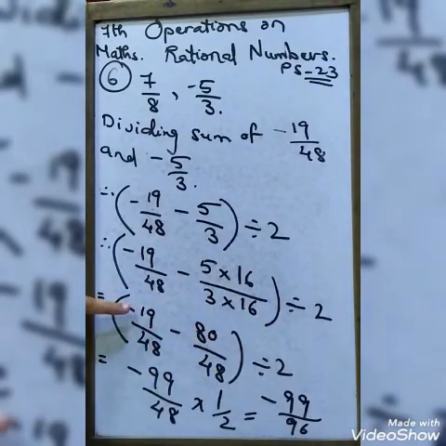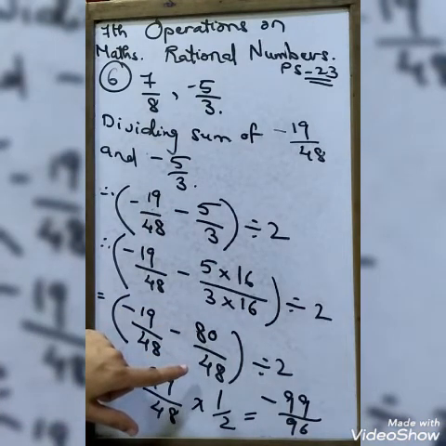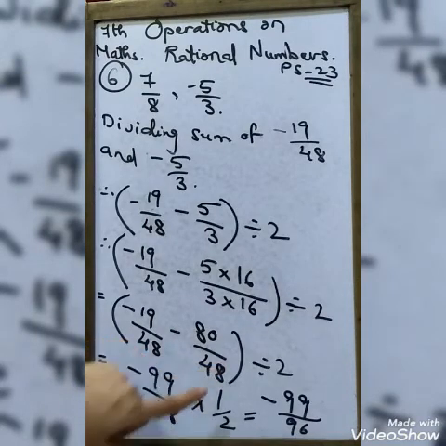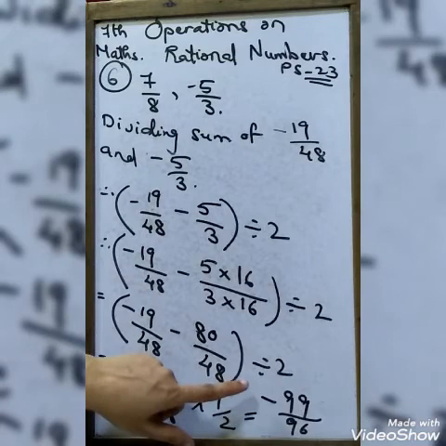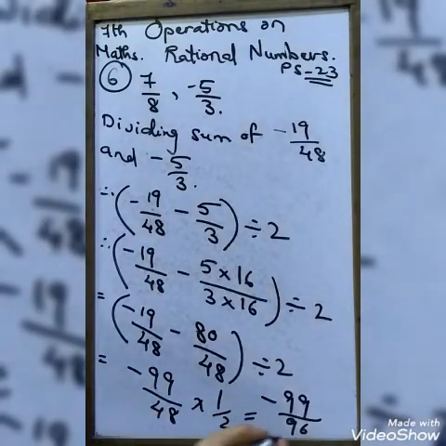So here 19 upon 48 minus 80 upon 48, the answer will come. After that we add them together because minus minus plus, so it is minus 99 upon 48 into 1 upon 2. So minus 99 upon 96 is the third number we have.